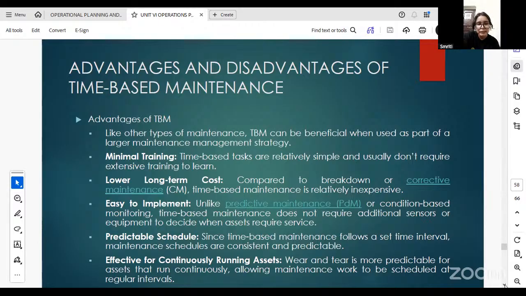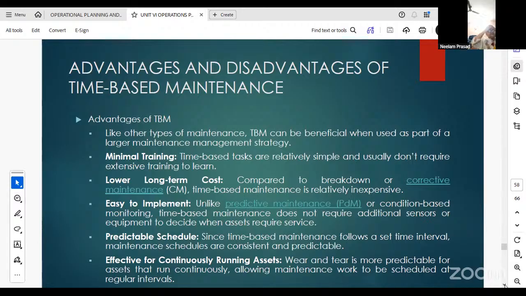Unlike predictive maintenance (PDM) or condition-based monitoring, time-based maintenance does not require additional sensors or equipment to decide when assets require service. Predictable schedule. Since time-based maintenance follows a set time interval, maintenance schedules are consistent and predictable, effective for continuously running assets. Wear and tear is more predictable for assets that run continuously, allowing maintenance work to be scheduled at regular intervals.